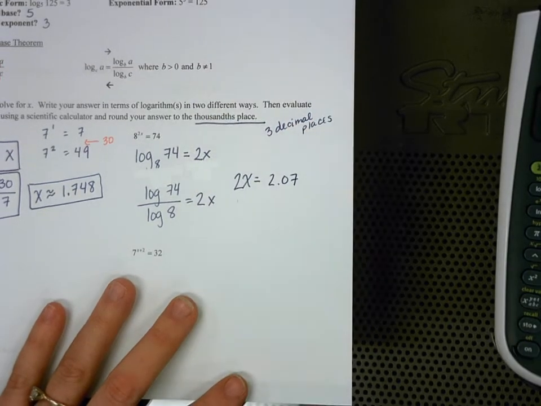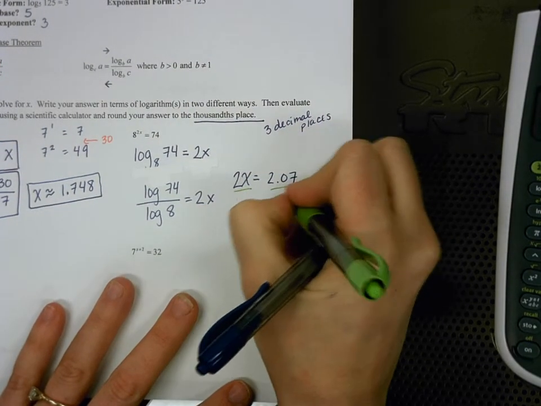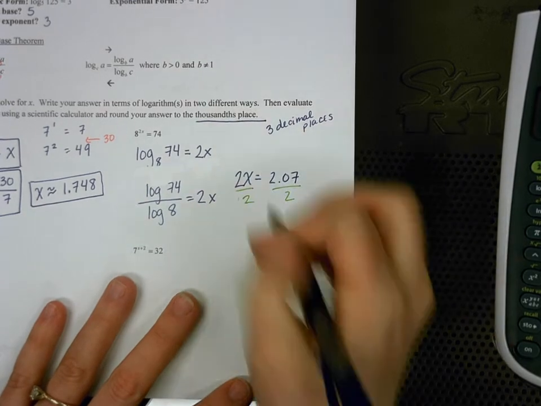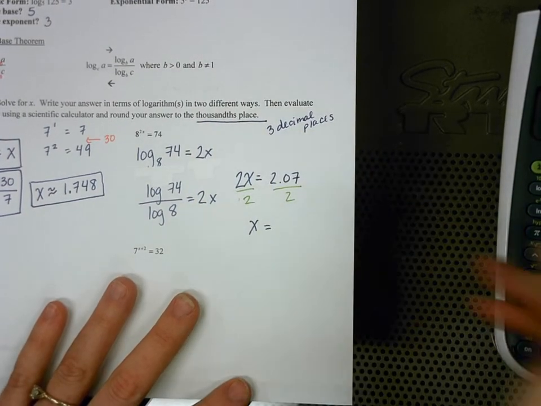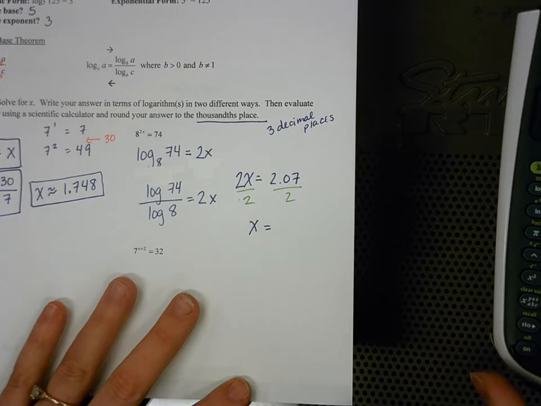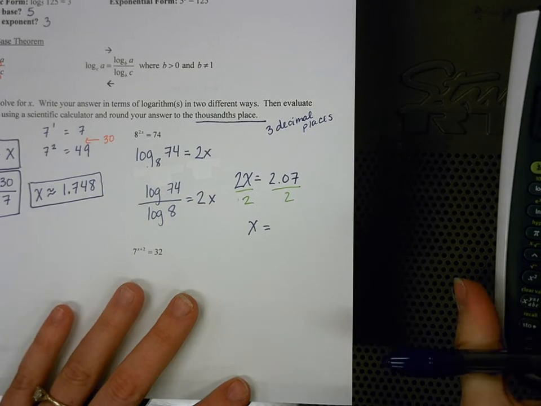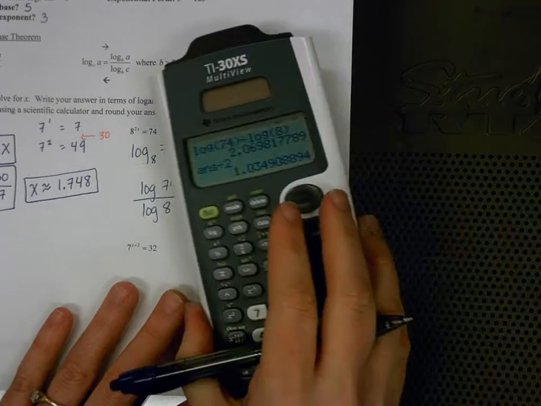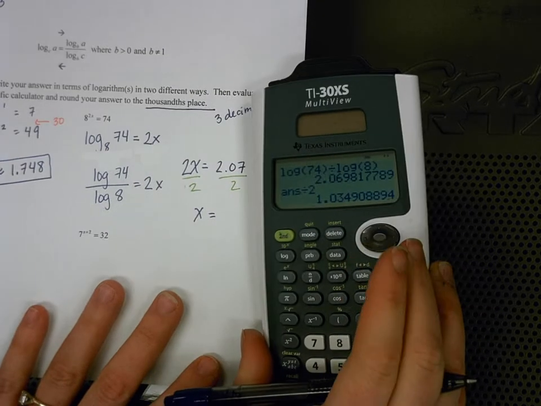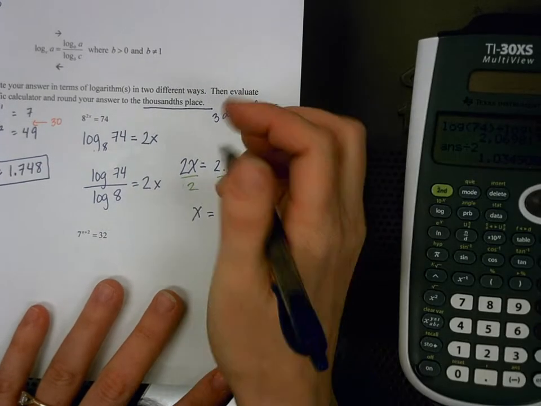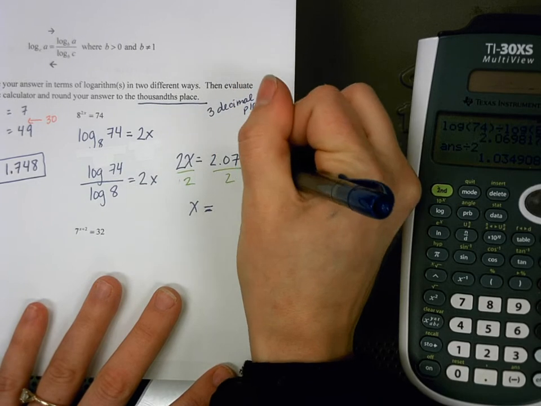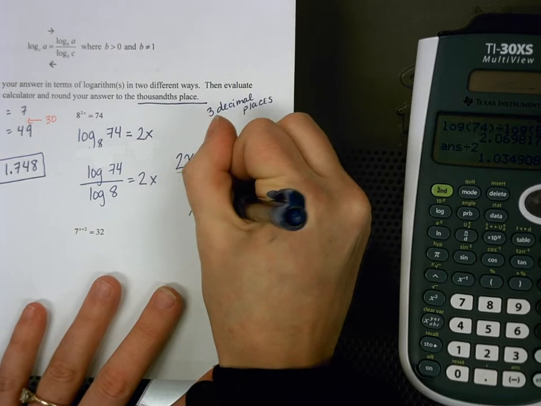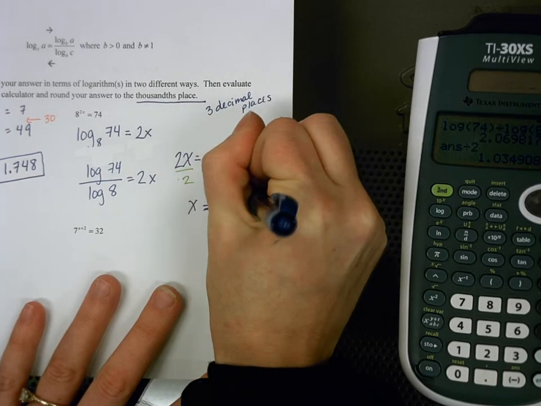And now we're going to divide by 2 at the end, because otherwise our answer gets pretty messy. I'm going to leave it all on the calculator, but you can also just divide 2.07 by 2, and you get 1.035.